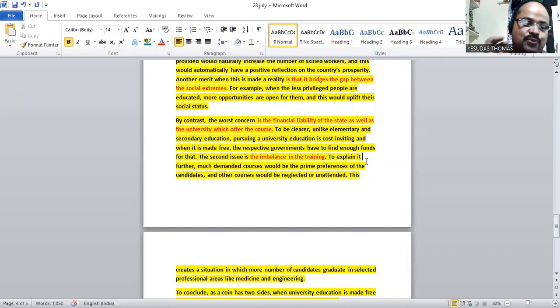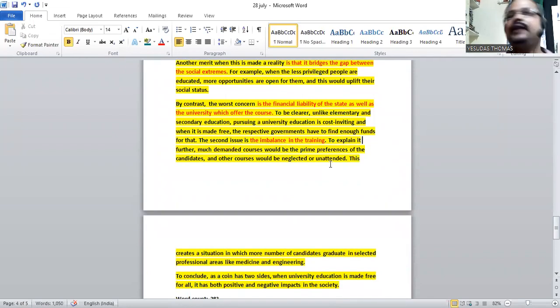This creates a situation in which more number of candidates graduate in selected professional areas like medicine and engineering, and the other things will be ignored. So there will be an imbalance in training.